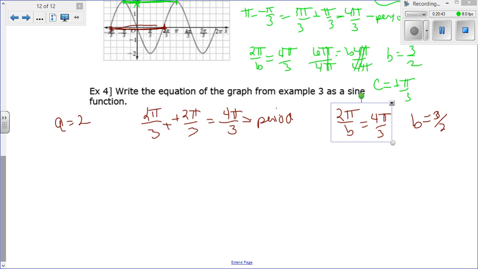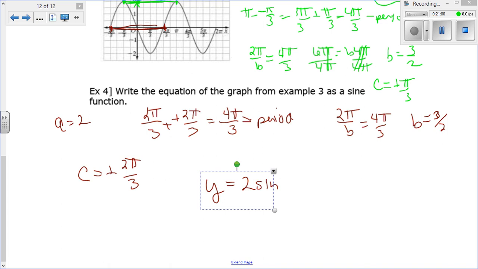Now I have my b value and my a value. I need to find my c value. I move this to the left 2 pi over 3, so my c is going to be a positive 2 pi over 3 because I moved it to the left. So my actual equation is going to be y equals 2 sine of 3/2 times x plus 2 pi over 3.